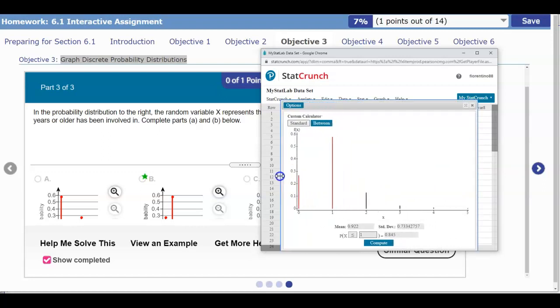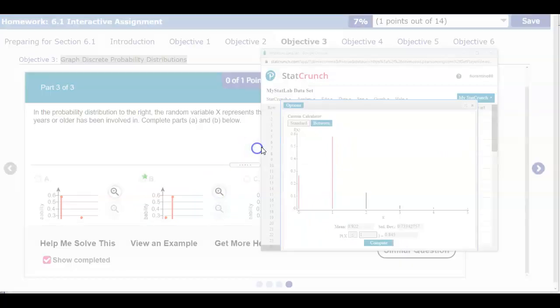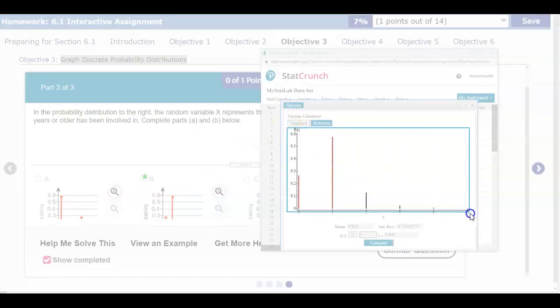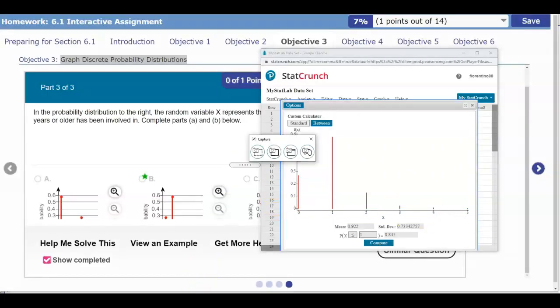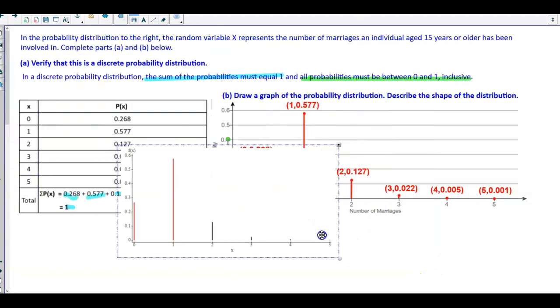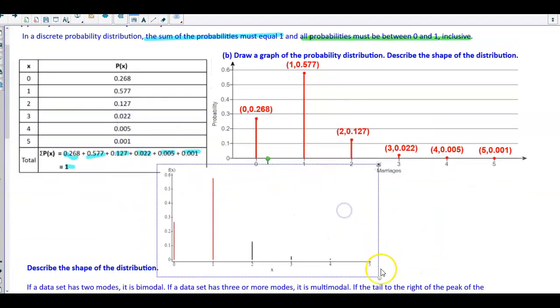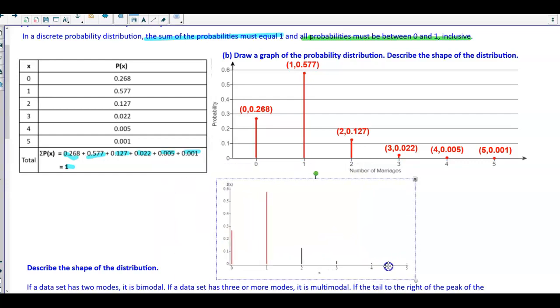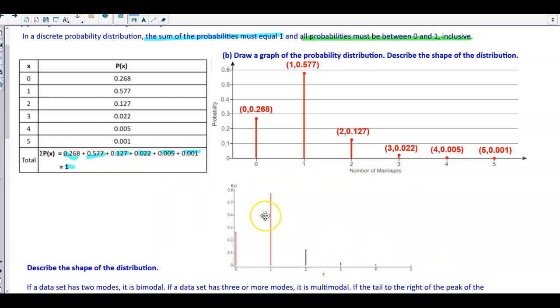You can see that our graph matches the graph here for part B. So I'm going to copy this graph and bring it to where we're working right now. There is our graph, what we just graphed on StatCrunch.